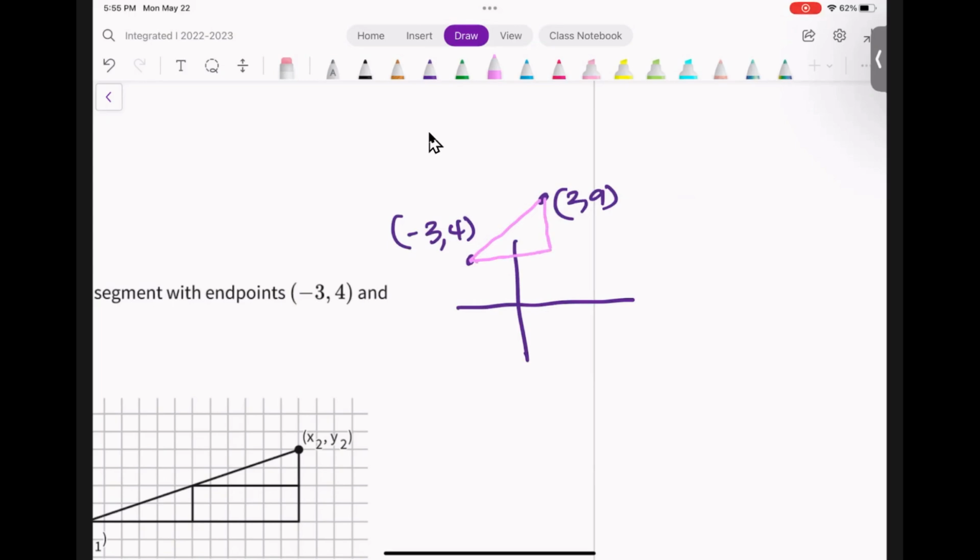So 2 minus -3, this was 5. And 9 minus 4, this is 5. Right? So then if you split this in half, this would be 2.5. Right? And then 2.5 would be like this.